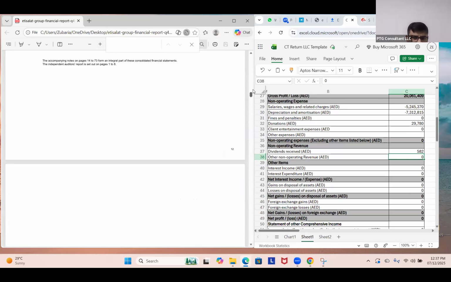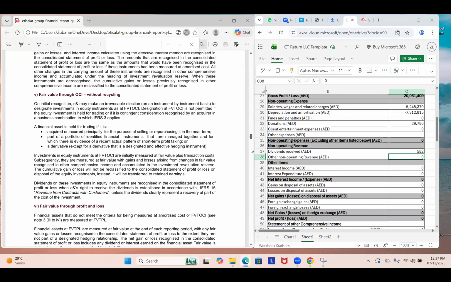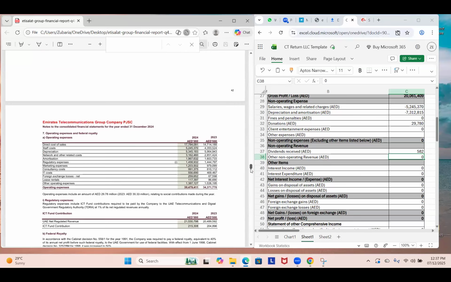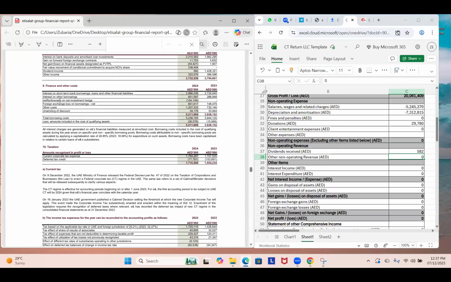Go to the disclosure part, note number 9. Here, interest on short-term borrowing is 2.8 and interest on other borrowing is 601. I suggest you take a screenshot, put it in another Excel sheet and make it a table. This is the finance cost only.